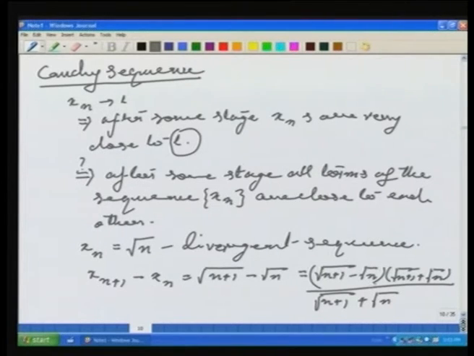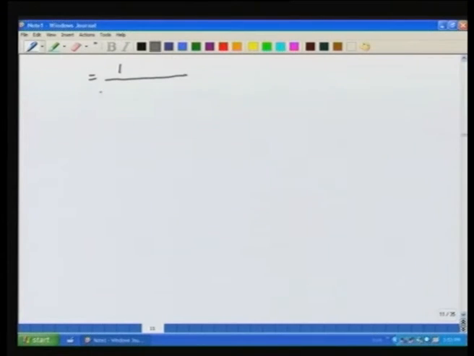Now, if you compute the numerator, it comes out that this is equal to 1 by square root of n plus 1 plus square root of n.